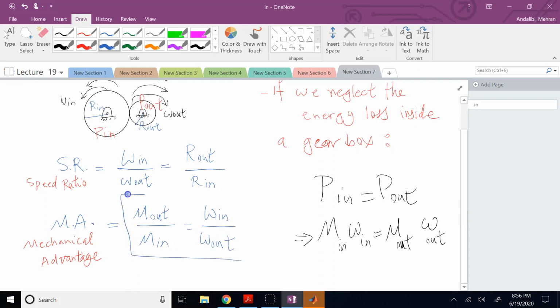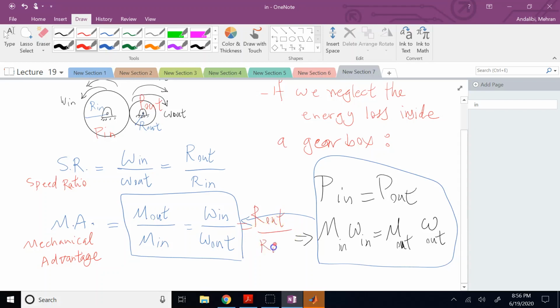So this equality here comes from this definition. And omega in over omega out is also equal to what? To radius out over radius in, and clearly it is the same as what? Speed ratio.